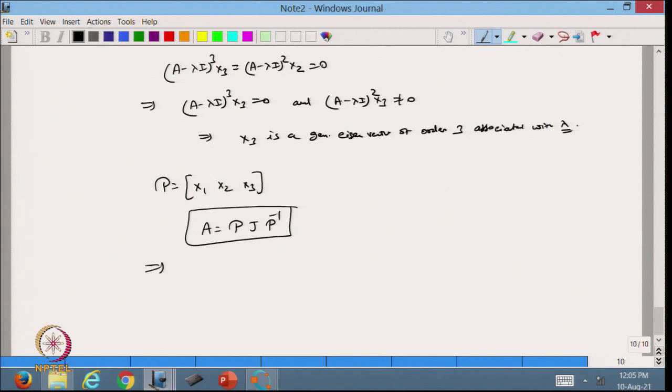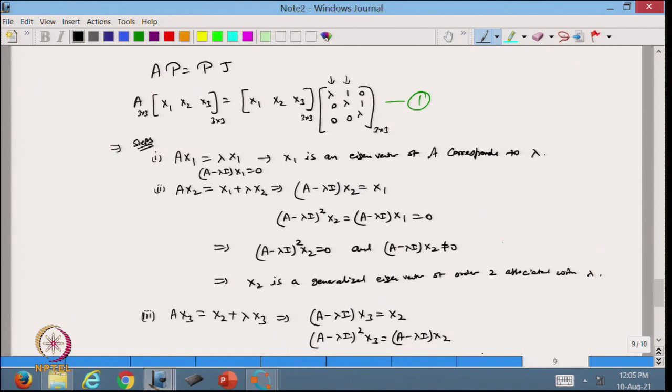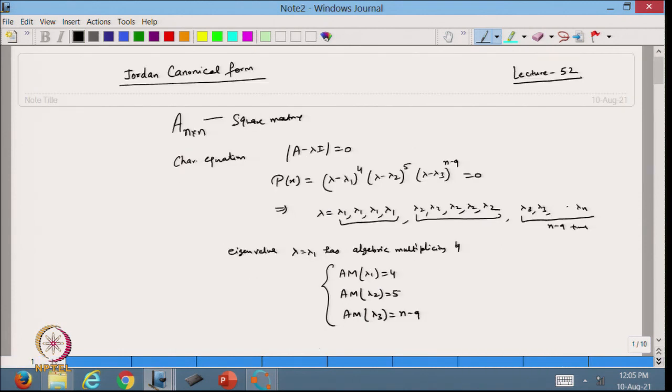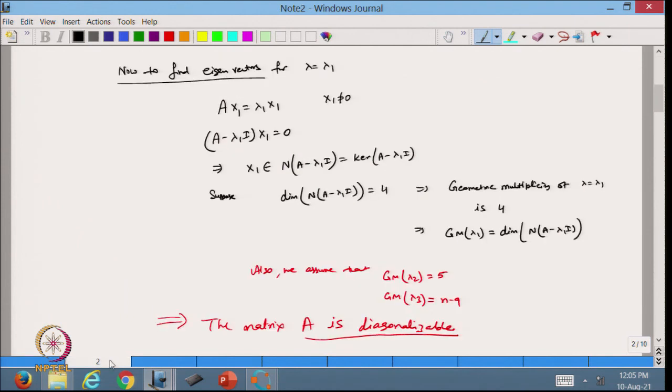So, this way we can say that for any matrix A, we can write its Jordan form, and this is my Jordan form of the given matrix A. So I start with a matrix and showed that if it is diagonalizable it is okay, but if it is not diagonalizable then what can we do.